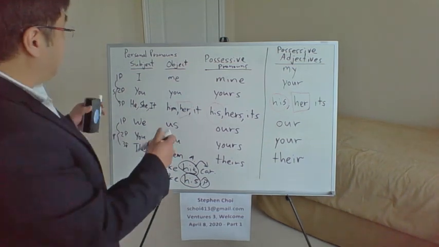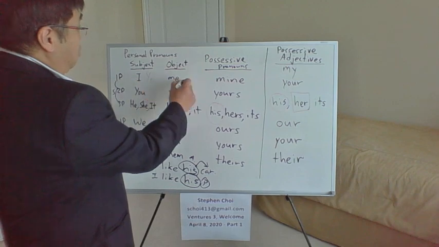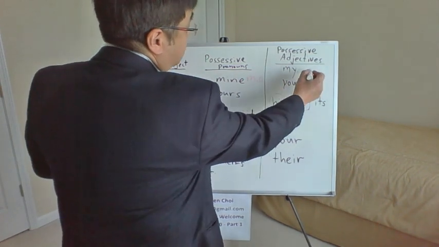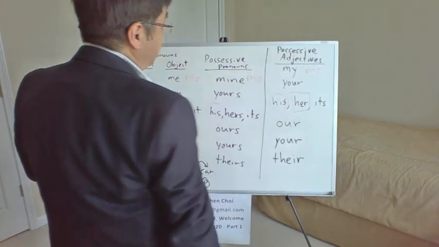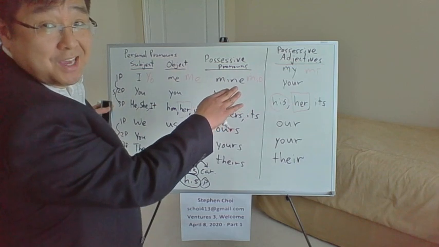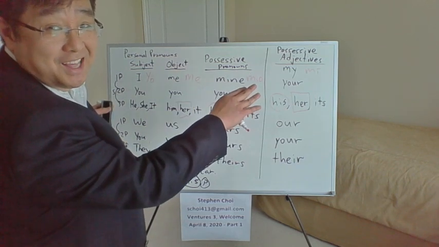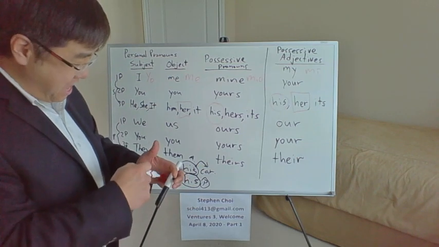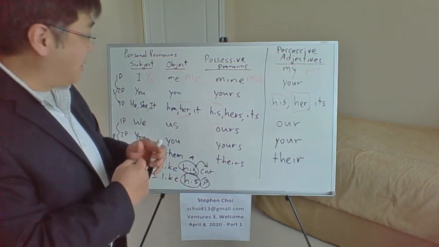For some of you who speak Spanish, this is what? Yo, me, mío, and then this is what? Me, right? So you can memorize this. Yo, me, mío, me. Don't blame me, that's what it sounds like. Those of you who speak Spanish, you understand what I'm talking about, right?